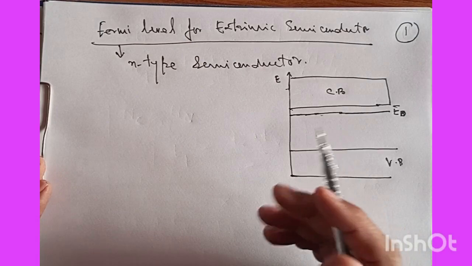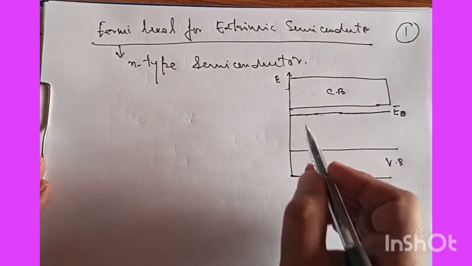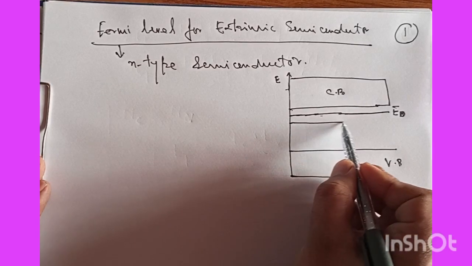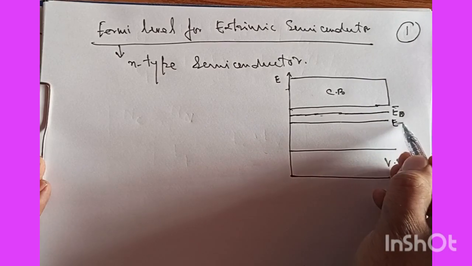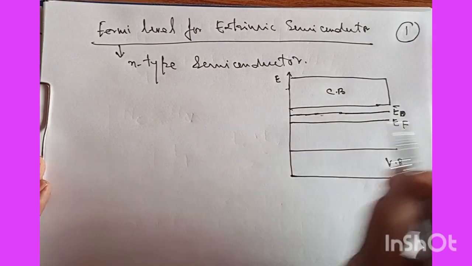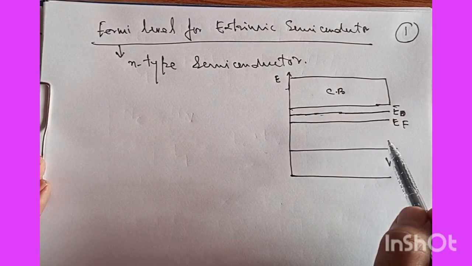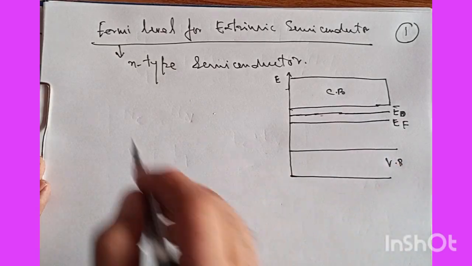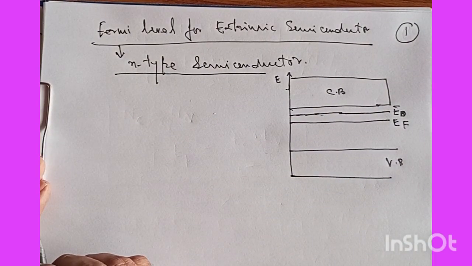That's why we say that in n-type materials, the Fermi level EF gets shifted towards the conduction band. This is my Fermi energy, towards the conduction band when we have an n-type semiconductor.